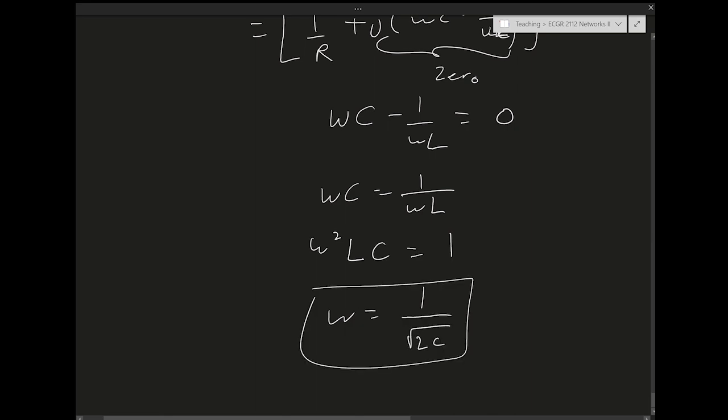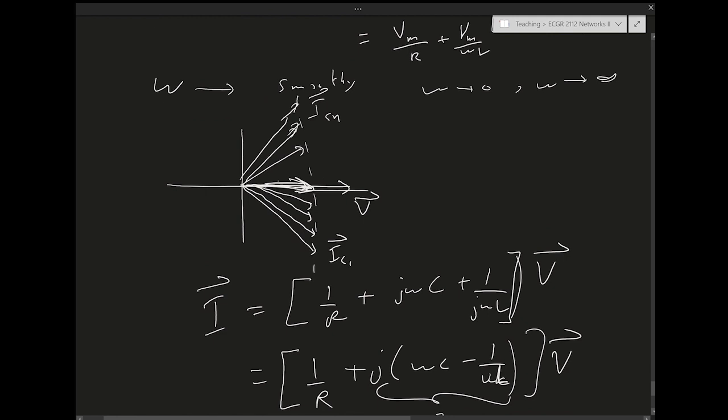This is the frequency where IS is going to be purely real, where we can say that the reactance of the inductor cancels out the reactance of the capacitor, and we end up with just real resistance.